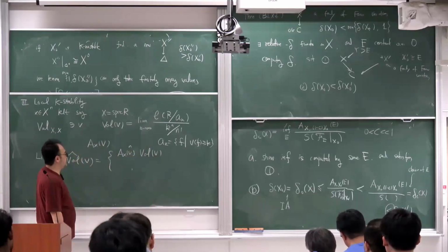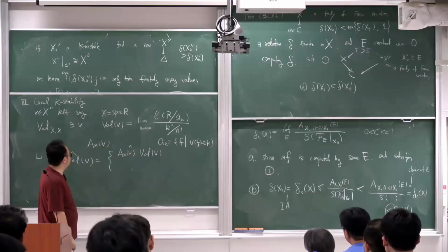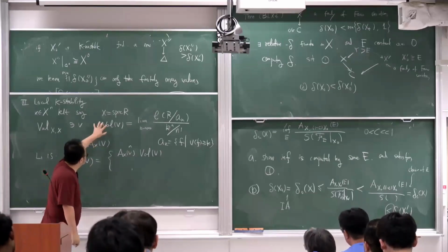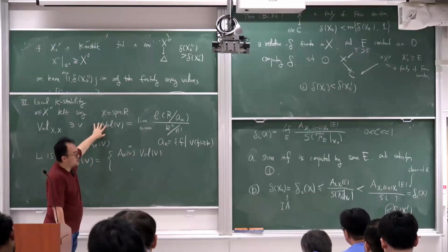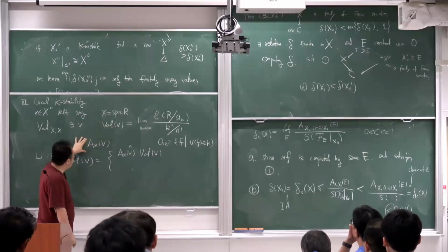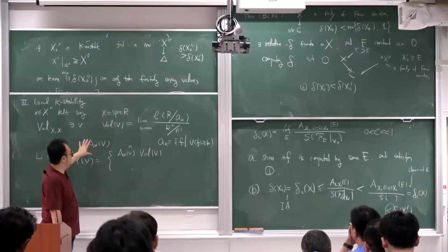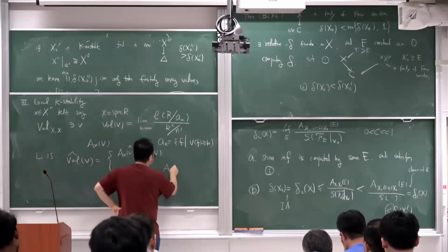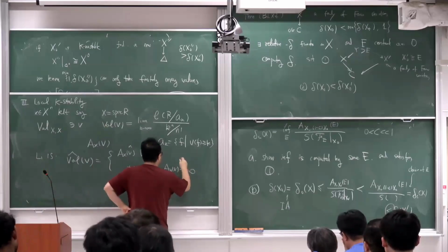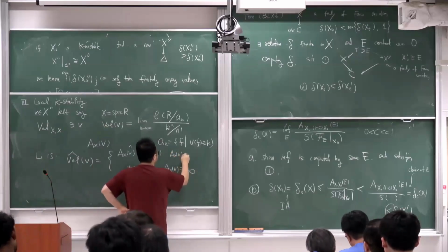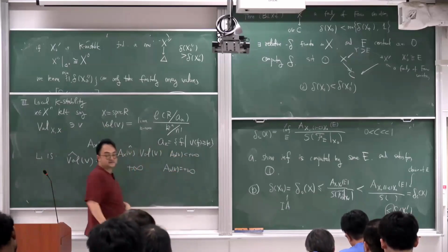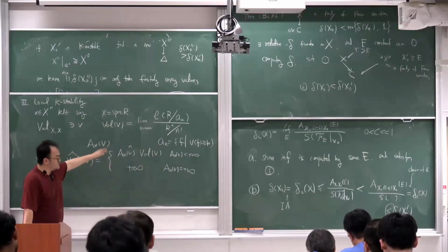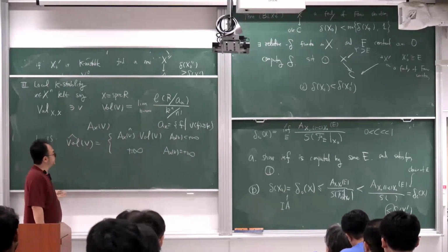This is the main definition, but it could happen that vol(v) is zero. But one can show that when this is zero, A_X(v) is actually infinity. So in that case, we always assume the product is infinity. Basically, we just determine that infinity times zero is still infinity.